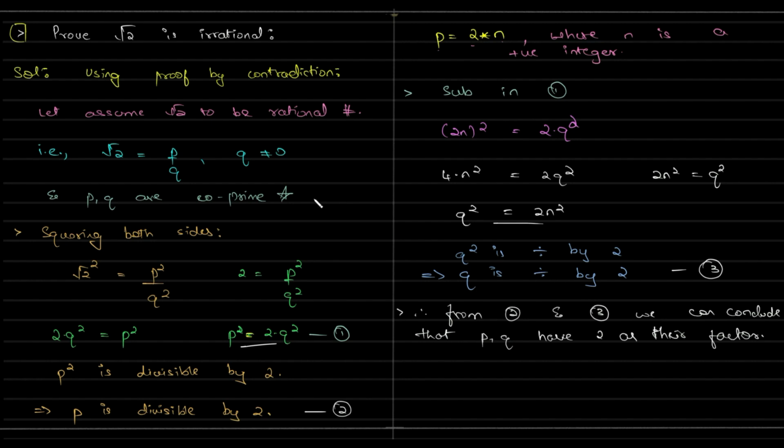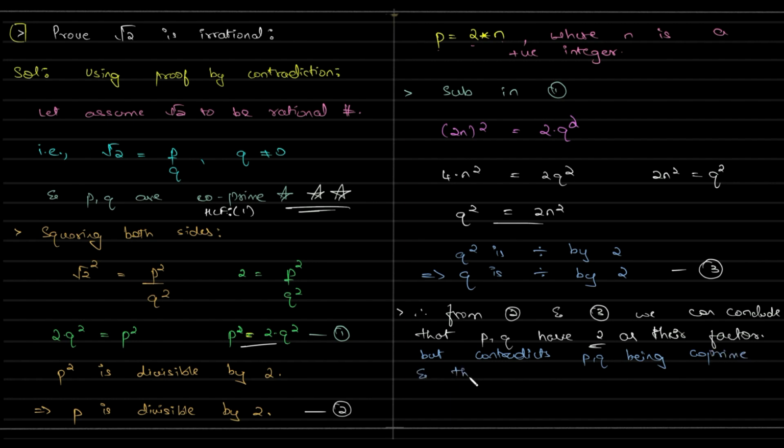But the one which I made you mark, this part, tells that p and q have to be co-prime. That is, the HCF between them should be 1. But here we are getting 2 as a factor. So these two contradict each other. This contradicts p and q being co-prime.